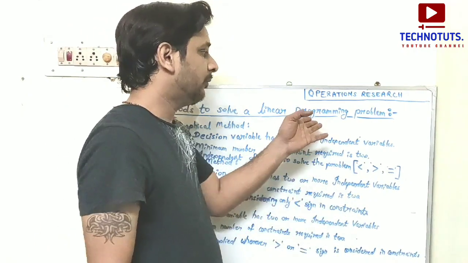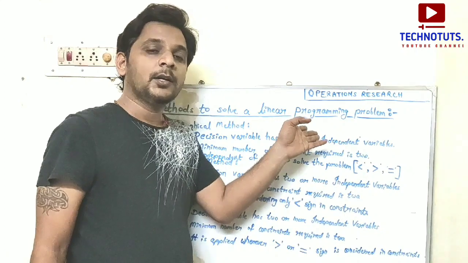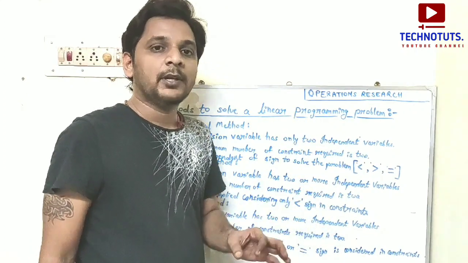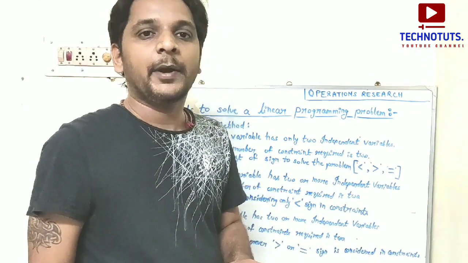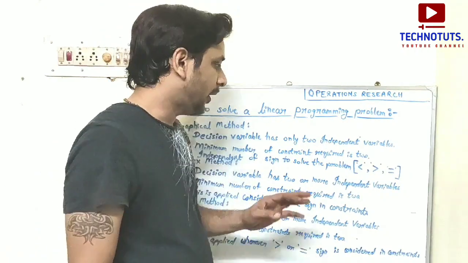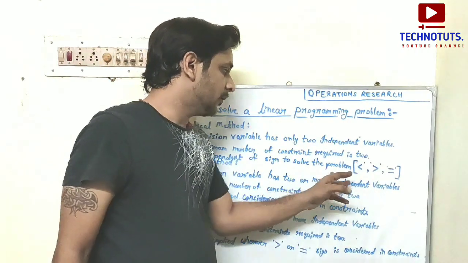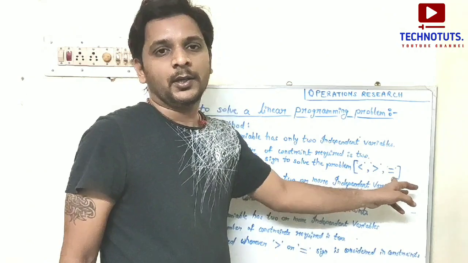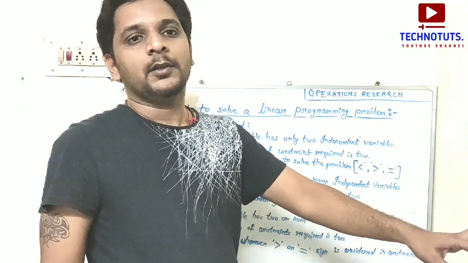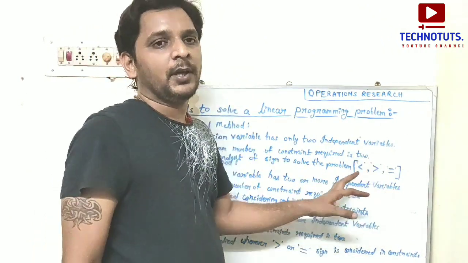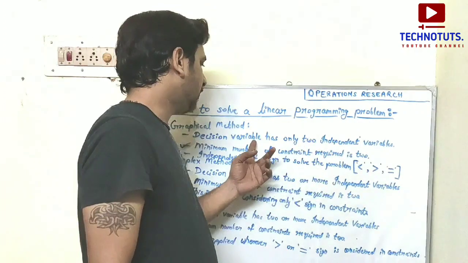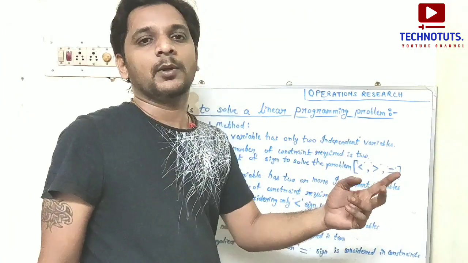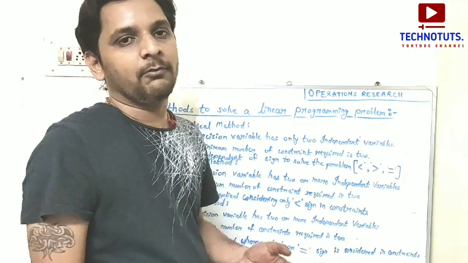When we apply the graphical method, the decision variables have only two independent variables, irrespective of the sign in the constraint equations, say either x or y, x or z, y or z.